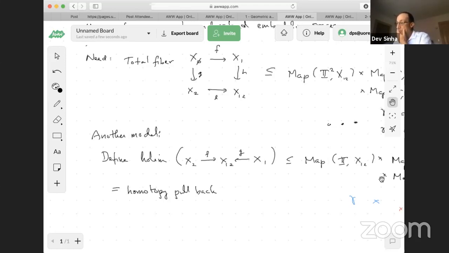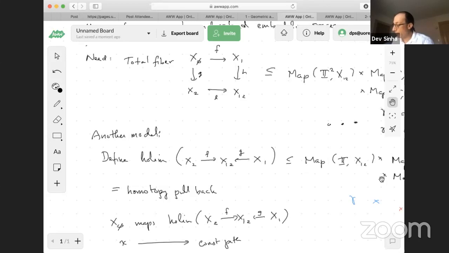So then I claim that, well, first of all, x phi maps to this homotopy limit. By, well, if my x here is going to go to the constant path at wherever I map to, so the image of x in x12.